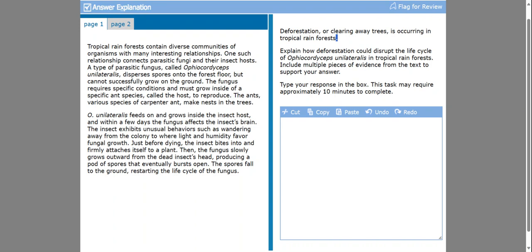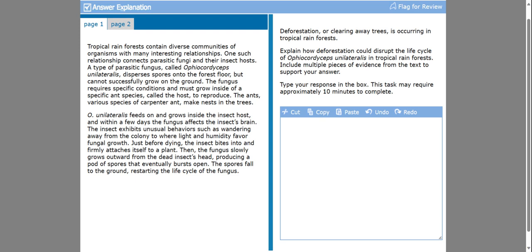Basically, the passage is saying that this clearing away of trees is occurring in tropical rainforests, and it's also known as deforestation.